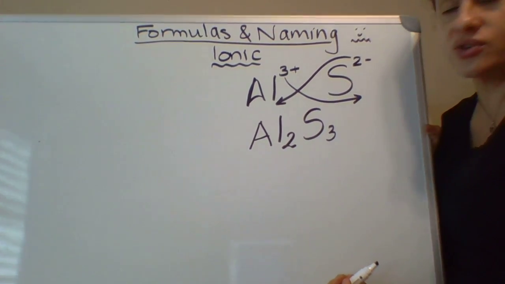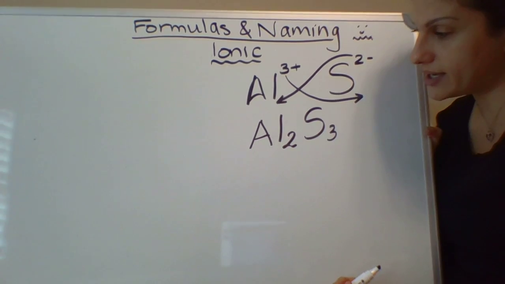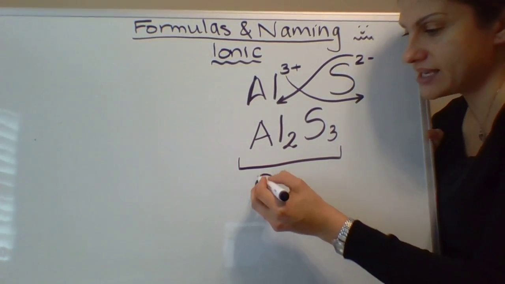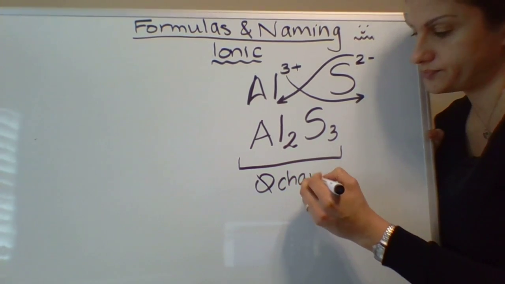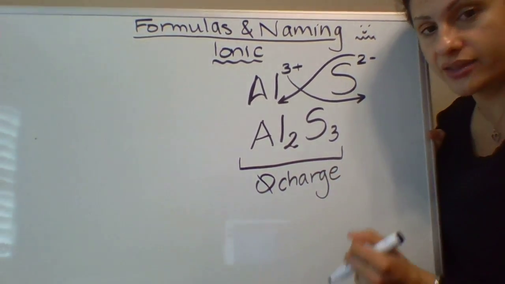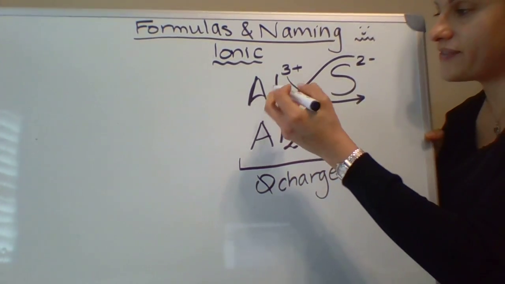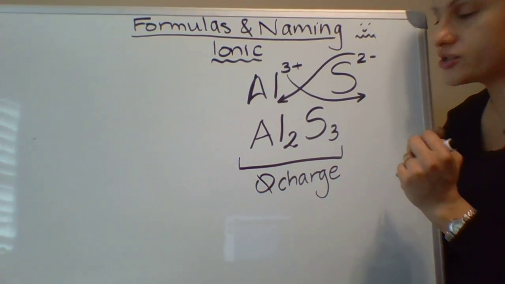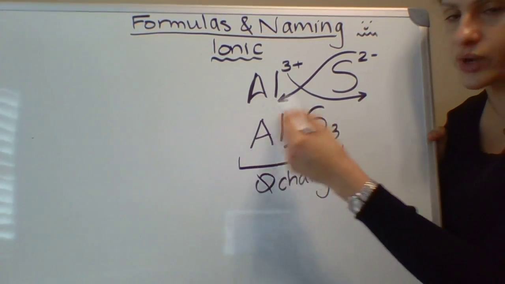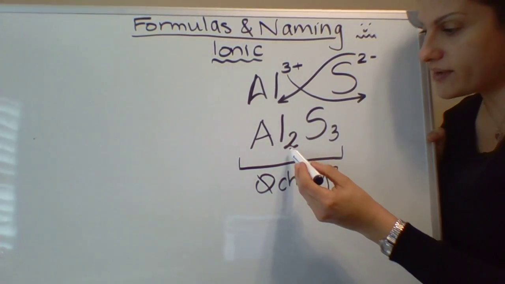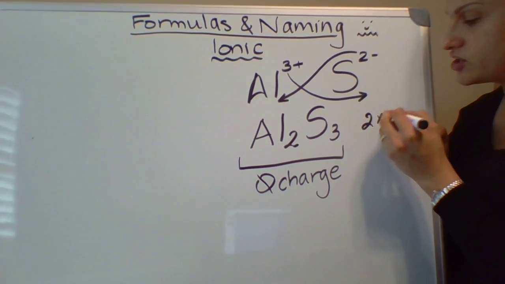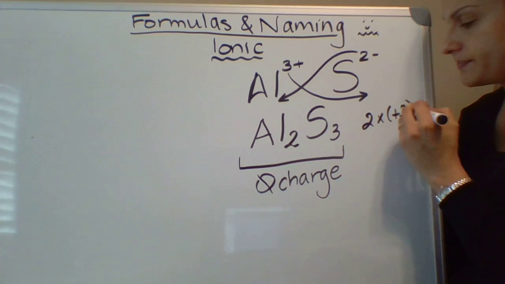The reason we do the crisscross, and let me show you why, is the compound has to have a 0 charge. Okay? The compound has to have a 0 charge together. If aluminum has a +3 charge and sulfur has a 2- charge, let's see if this ratio would work. We have 2 aluminum, so we have 2 times a charge of +3.